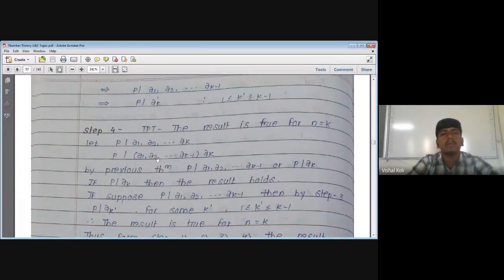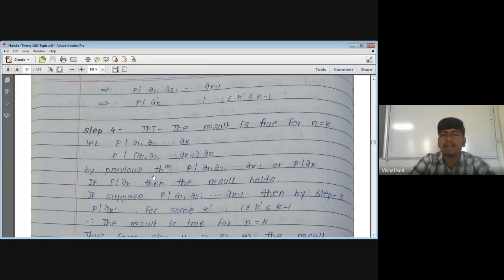Therefore, this will be considered as one particular integer, say Am. So A1 into A2 into up to A(k minus 1) is nothing but Am, and the product is Am into Ak. Again, we know that if P divides A into B, then P divides A or P divides B. As P divides Am into Ak, either P divides Am, where Am is nothing but A1 into A2 into up to A(k minus 1), or P divides Ak.